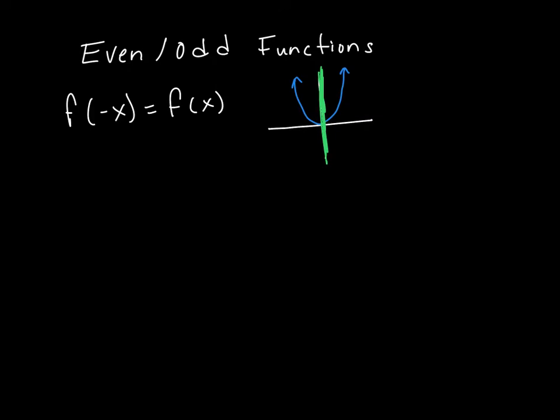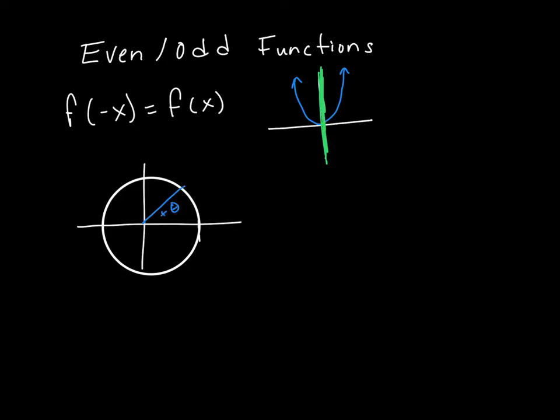Now, what does this mean for the unit circle? If I have the unit circle, and this is my value of 1 for the unit circle, it means that for whatever x value I have, if I draw in two angles, let's say this angle here is my positive theta, and going the other way, same value, it would be a negative theta.